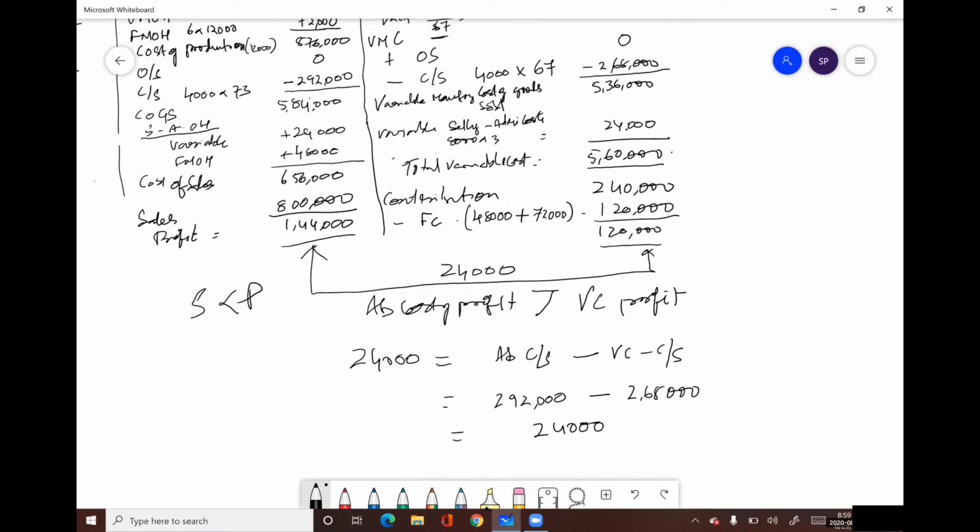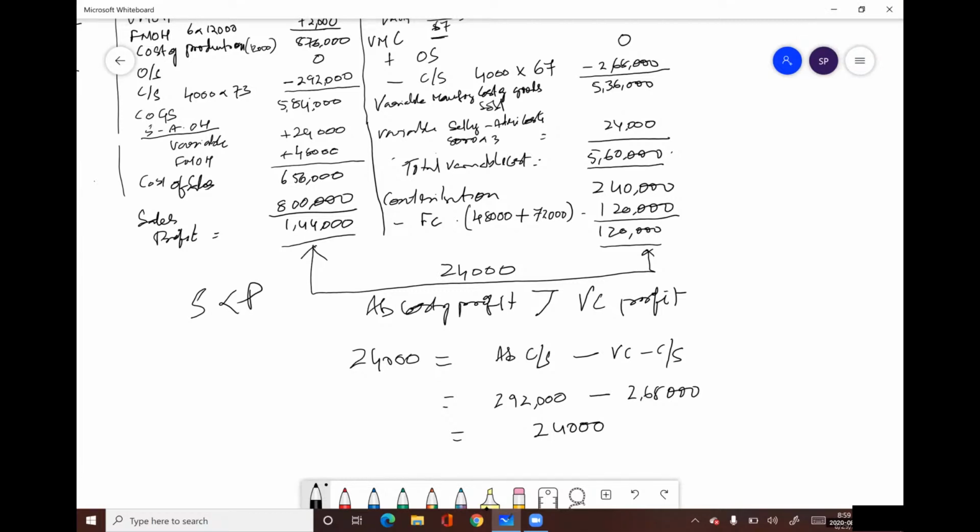So the difference is coming only because of the closing stock valuation. Other than that there is no difference between these two methods. Understood? Yes, sir.